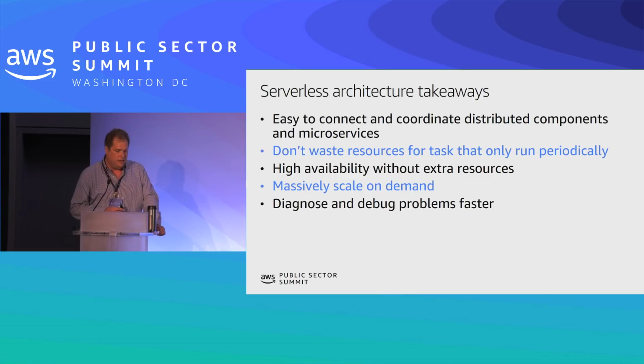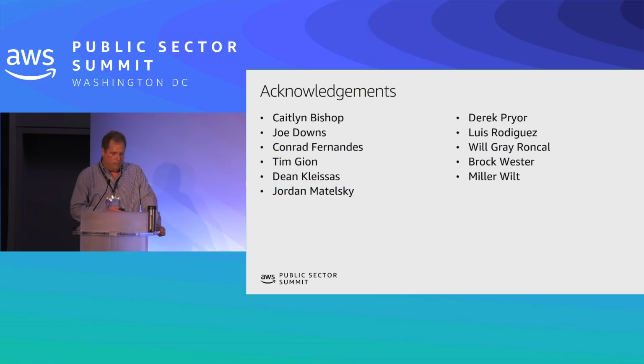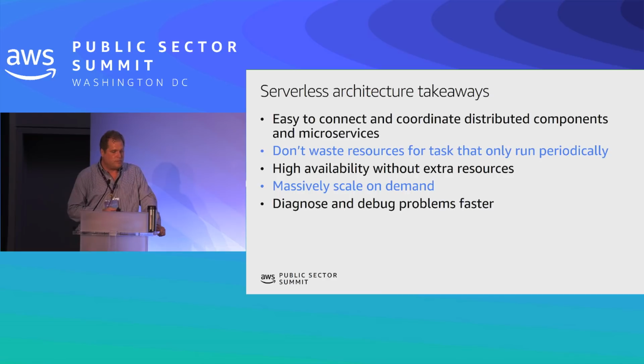It's given to you automatically. And it scales massively on demand. As you saw with our downsample, we can scale up to massive amounts based on the number of Lambdas we have. And finally, it's very easy to diagnose and debug problems using these systems. You can build them in, like what we did to manage our servers in HashiCorp.